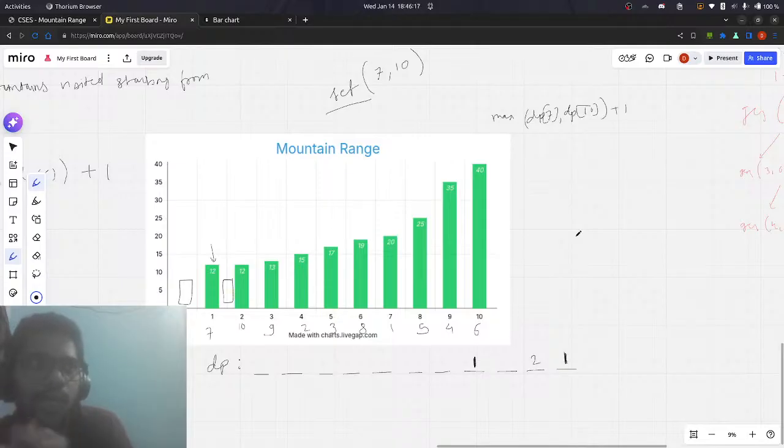Okay, I see. That is the issue with working in sorted ascending order, right?